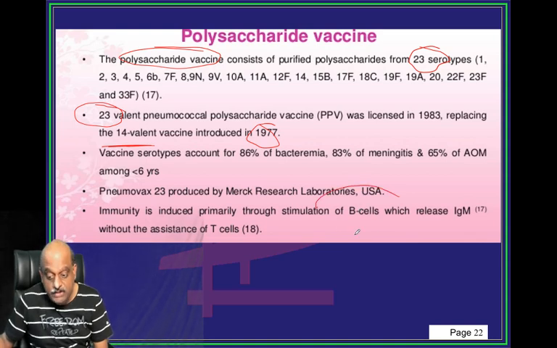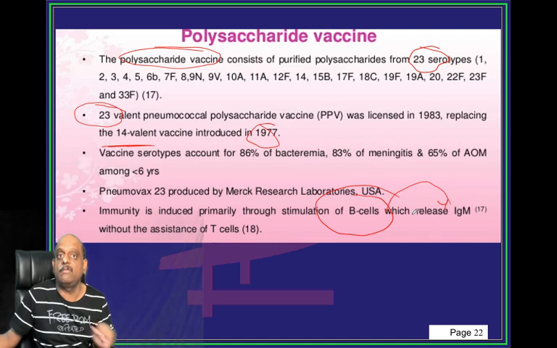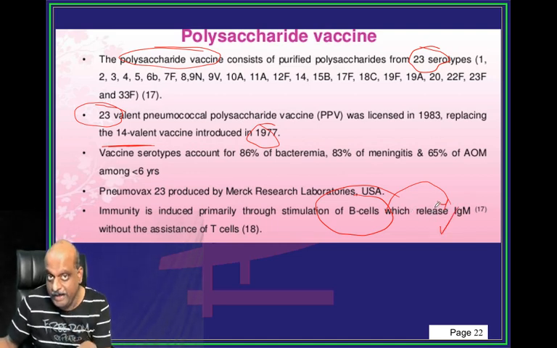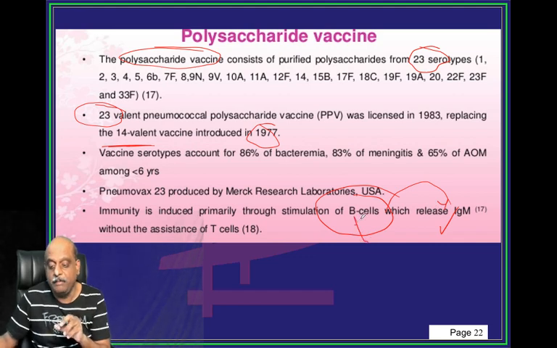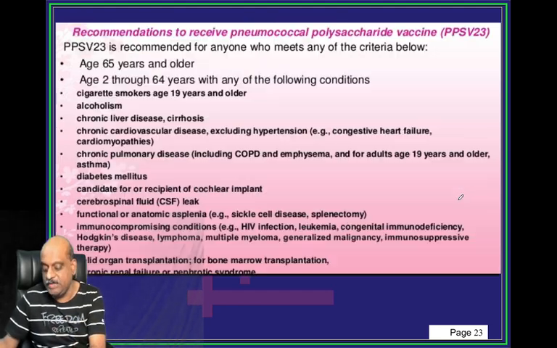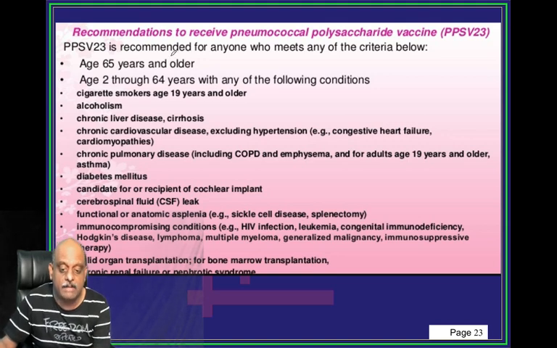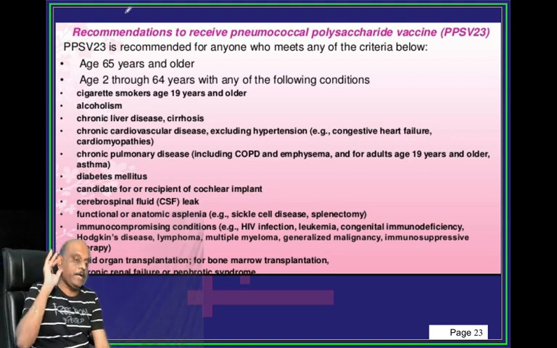It is through the stimulation of the B cells, which release IgM without the need of T cells. You are directly stimulating the B cells using this vaccine, and they release IgM, and that provides the immunological memory.